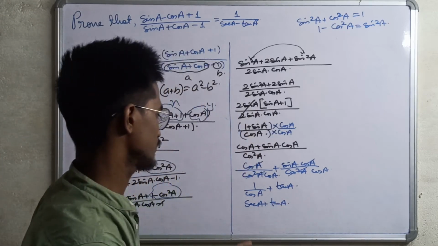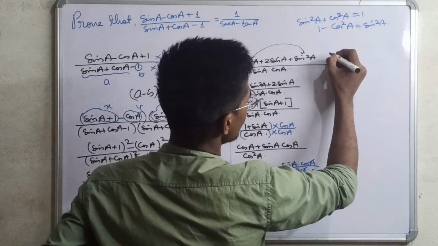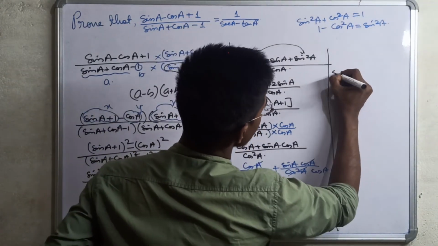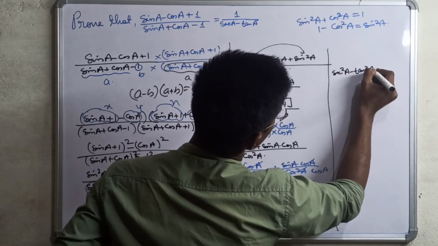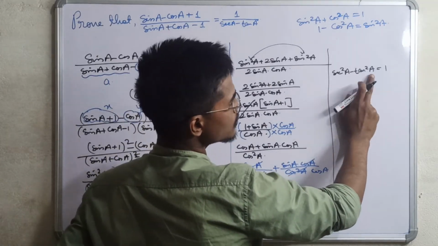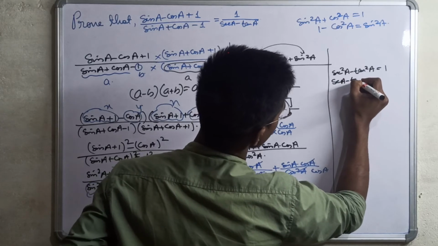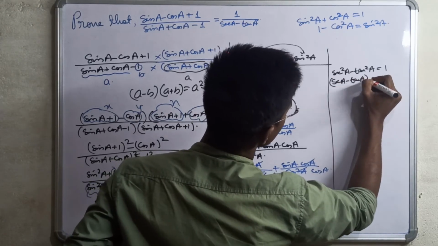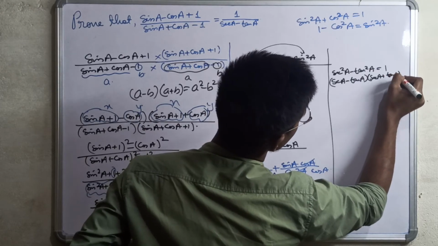Fine. Now the key is that you know sec square a minus tan square a is 1. So we can write it on the basis of a square minus b square: sec a minus tan a into sec a plus tan a is equal to 1.